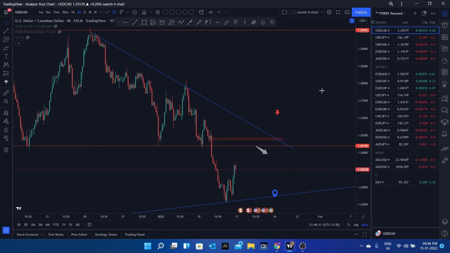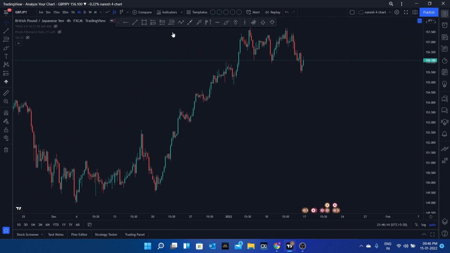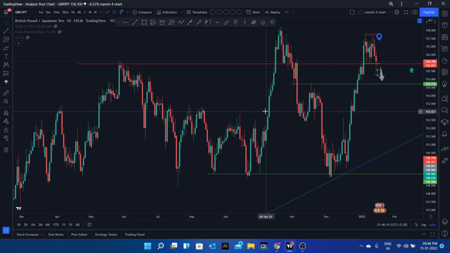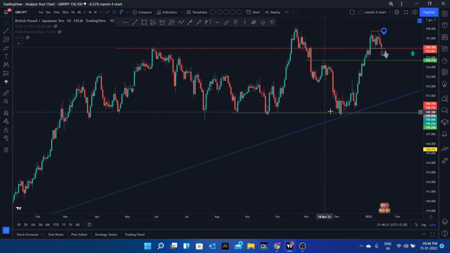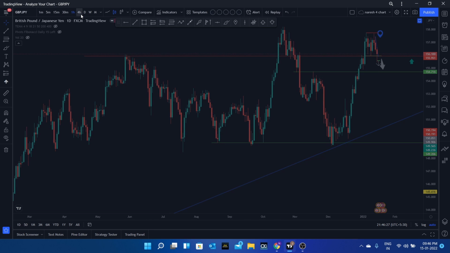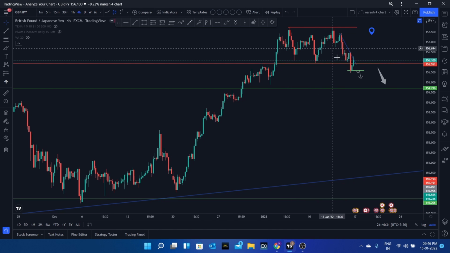Next pair would be GBP JPY. In the 1 day time frame, it gave a very good pump last month. After a good rally, it went into consolidation, and it also broke this support.